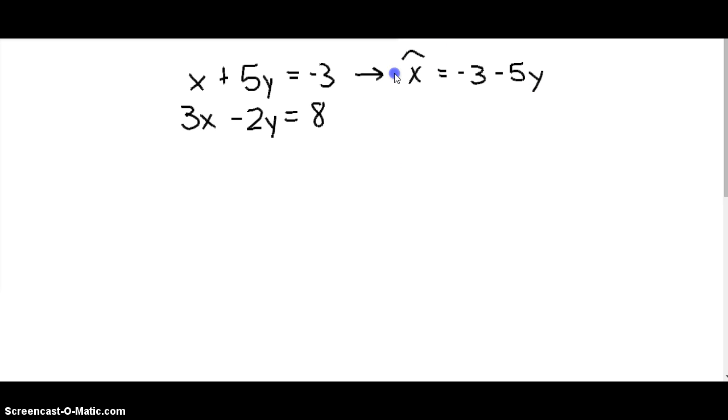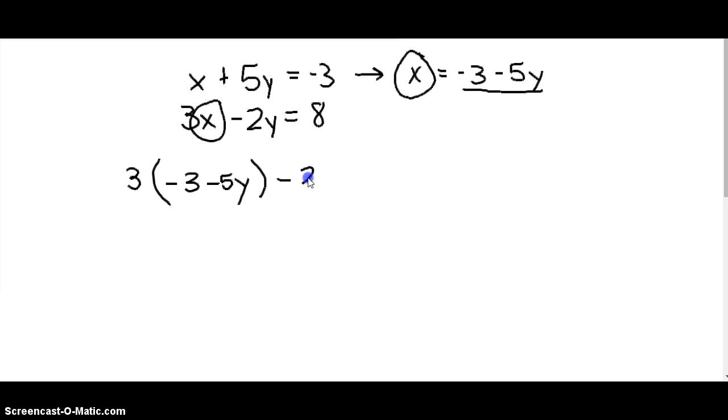So now, knowing that this is x, I can put it in for this x. So I'll get 3 times negative 3 minus 5y, minus 2y equals 8. So therefore we'll distribute.